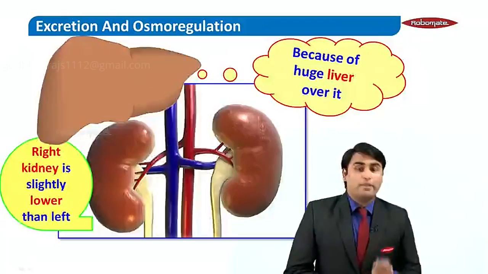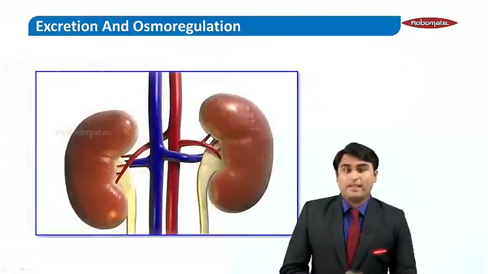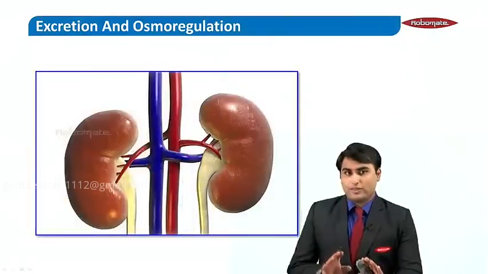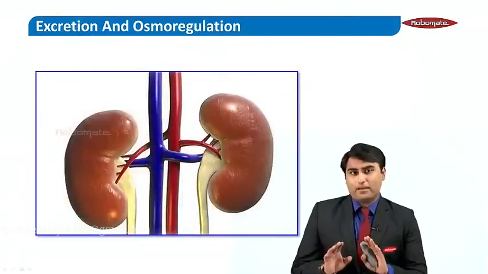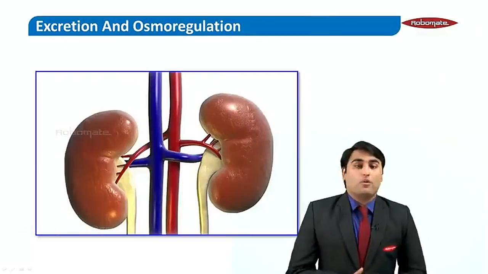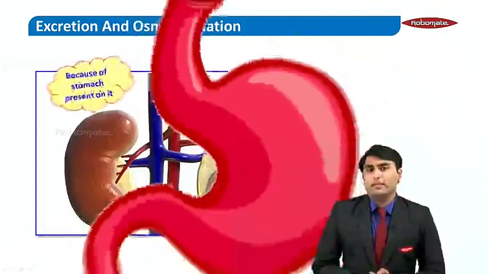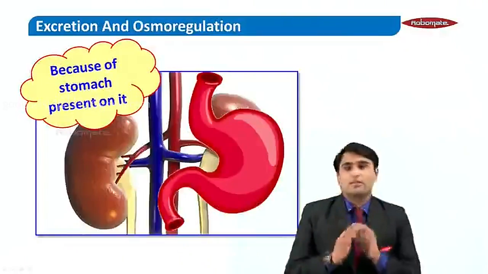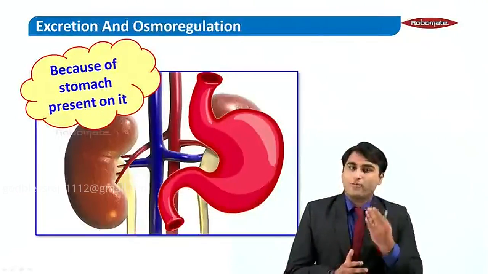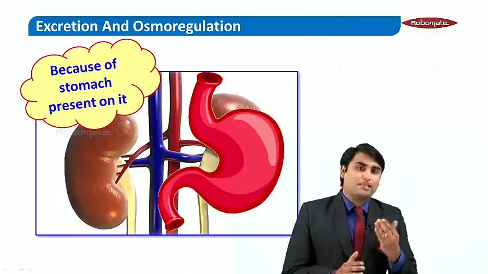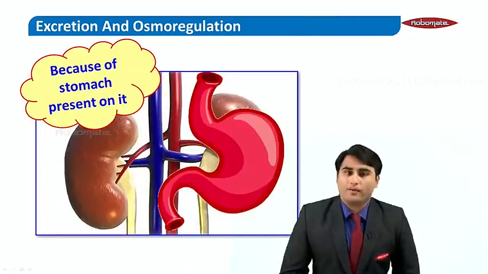Now when you compare the left kidney with the right kidney, the left kidney is slightly ahead. So the right kidney is behind and the left kidney is a little anterior. What is the reason? The right kidney is a little behind due to the presence of the stomach anteriorly on the left. To accommodate the stomach, the left kidney is slightly anterior compared to the right kidney.